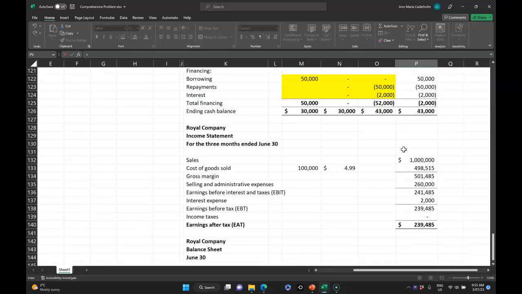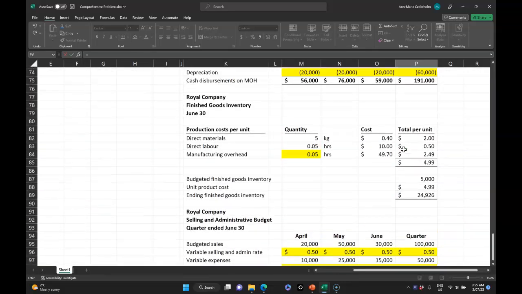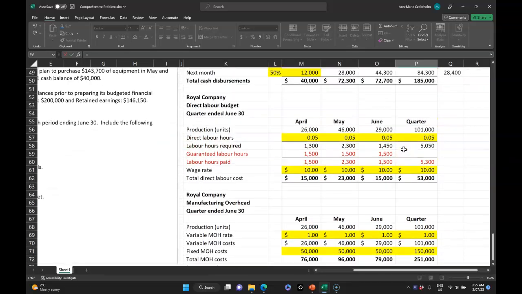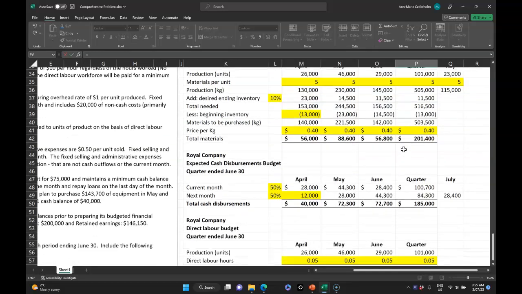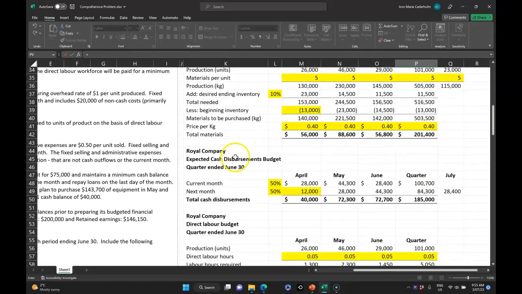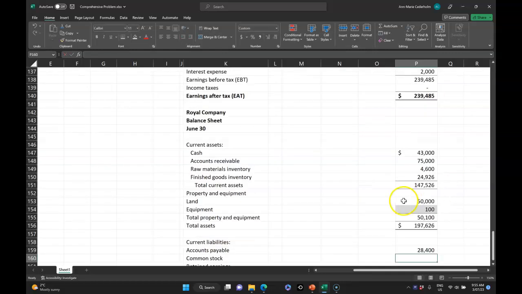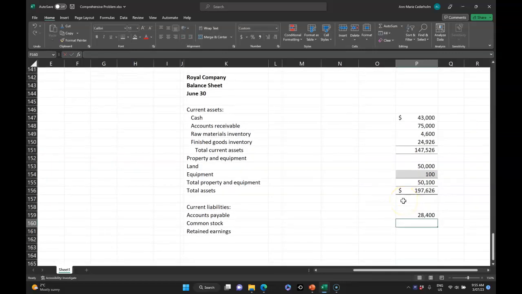So if we go back up to that one, and if we go to the cash disbursements budget, if you remember that half of June's materials is paid in July, so I'm going to pick up that $28,400. And then they told me in the question that my common stock was $200,000.